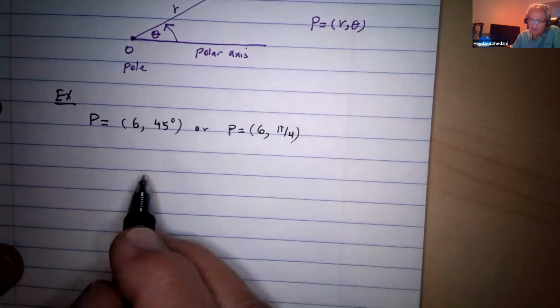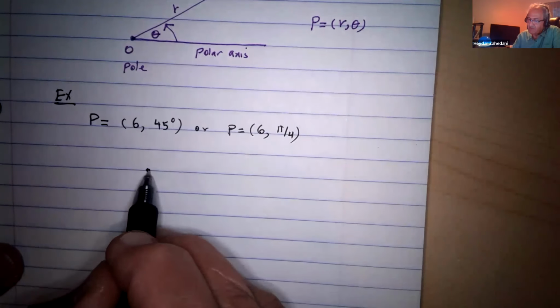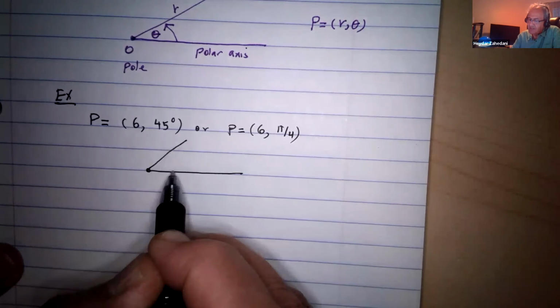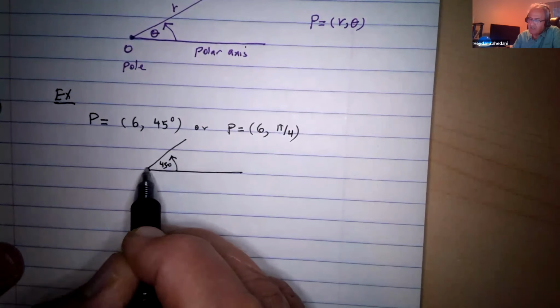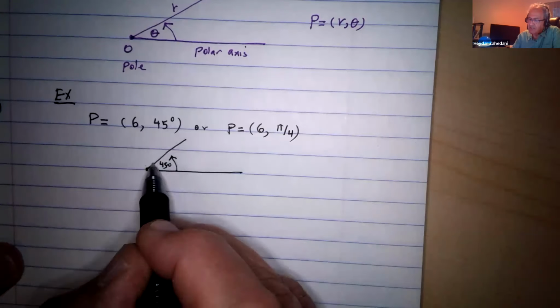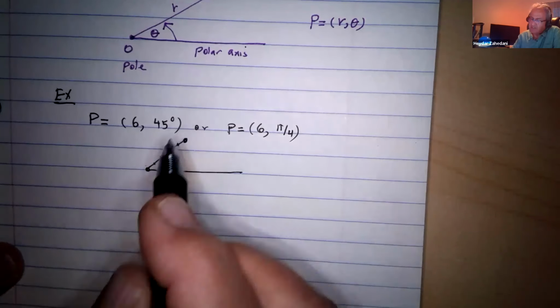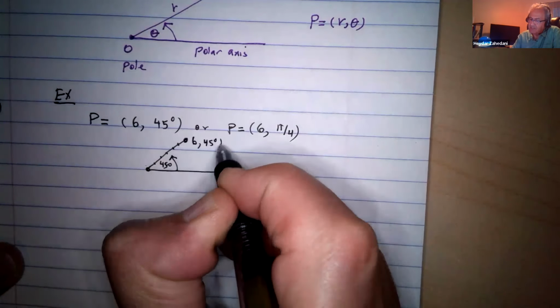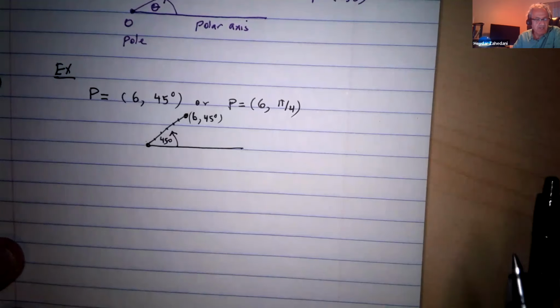To identify this point, get the origin, which is going to be the pole. You pick the 45 degrees here, and then you pick 6 units, 1, 2, 3, 4, 5, 6. So this point would be represented by 6 and 45 degrees. This is the way you are going to locate these points.